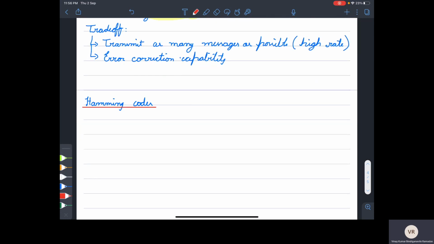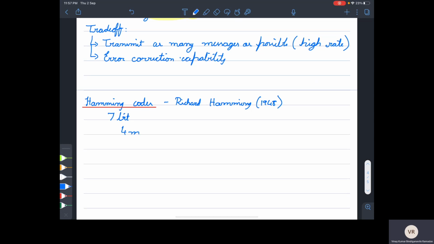So to explain this, let me explain this with the 7-bit Hamming code.